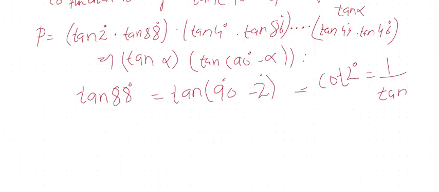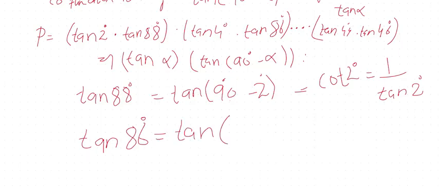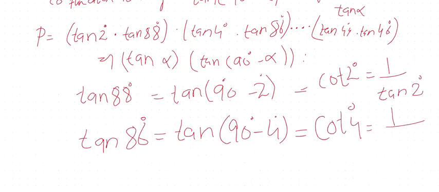Next, tan 86 degree equals tan(90 minus 4 degree) equals cot 4 degree, which equals 1 by tan 4 degree.